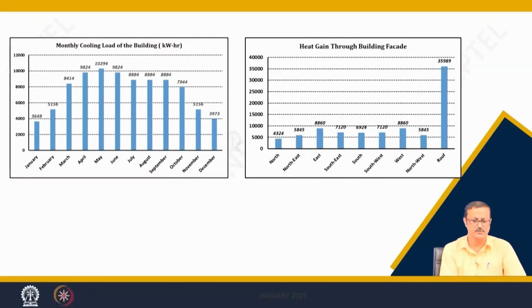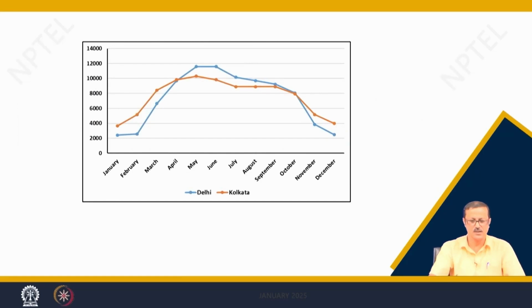I have also computed this one, and I have compared the data of Calcutta and Delhi, and you see Delhi is the blue one and Calcutta is the orange one. In Delhi, the winter outdoor temperature is a little less compared to Calcutta.